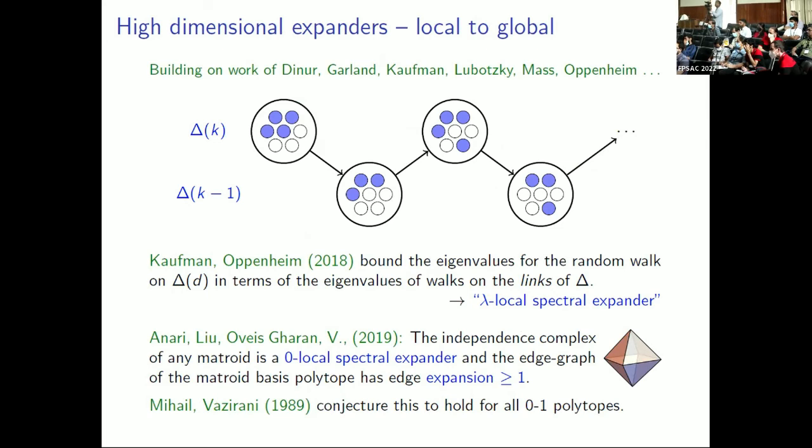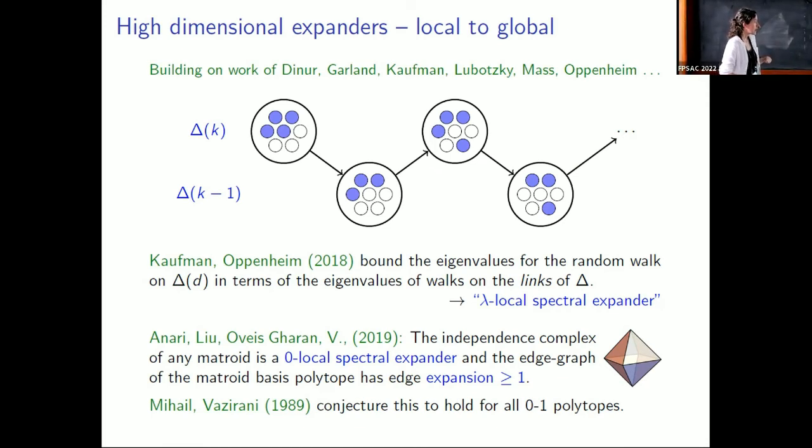And there are many different ways to study this, but in particular, some work by Kaufman and Oppenheim bounds the eigenvalues for these random walks in terms of the eigenvalues of random walks on small pieces of this simplicial complex, namely small links of this simplicial complex.